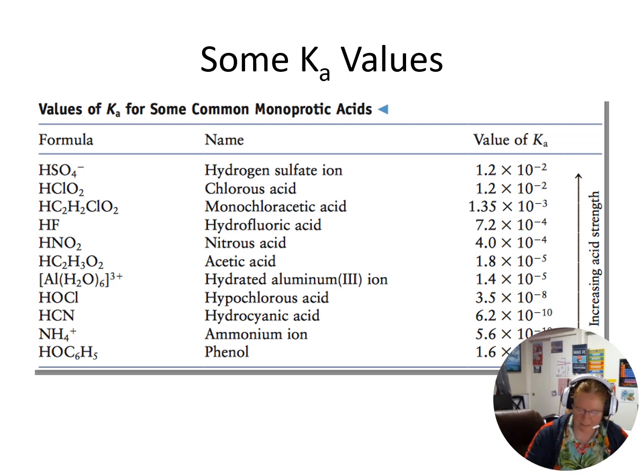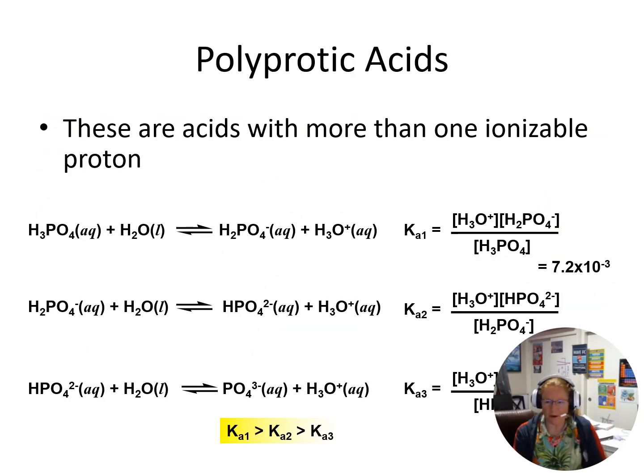Okay. When I look at polyprotic acids, something like phosphoric acid has 3 ionizable hydrogens on it. Okay, it's a triprotic acid. So what we actually see is that we don't get all 3 hydrogens coming off at once. They come off successively. So a polyprotic acid will have multiple Ka values.